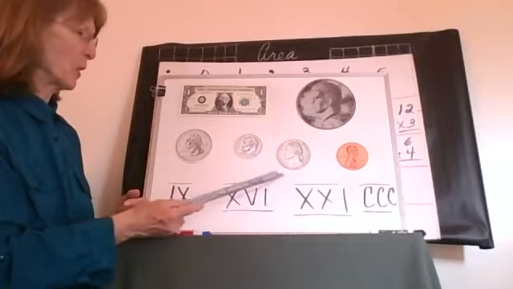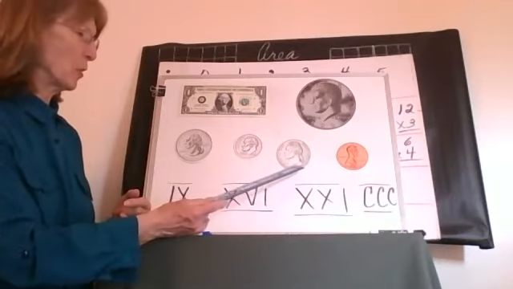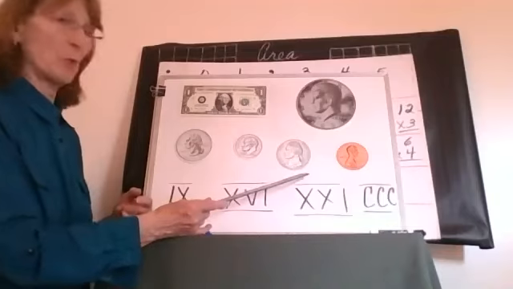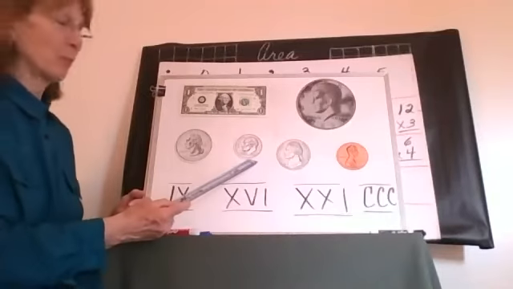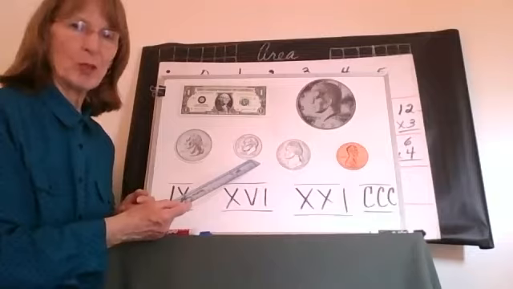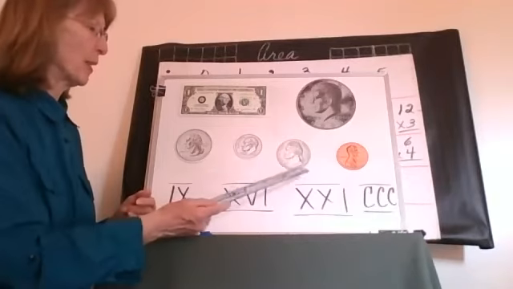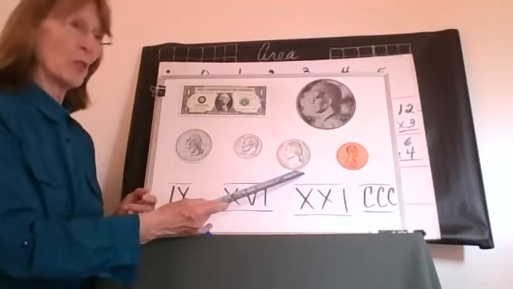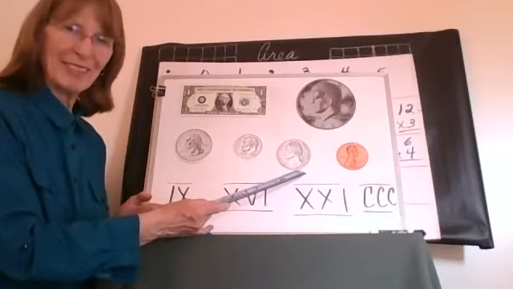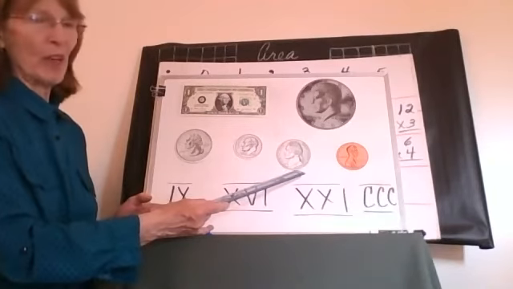Well, the dime is much smaller than the nickel. You might be thinking, why isn't it more? Here's why. The dime, when it was first made, was made out of silver, which is more valuable. And the nickel was made out of a metal called nickel. And it's not as valuable.